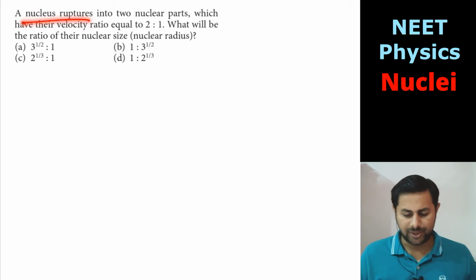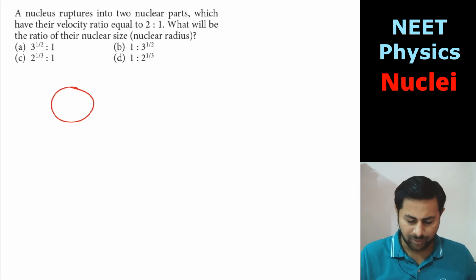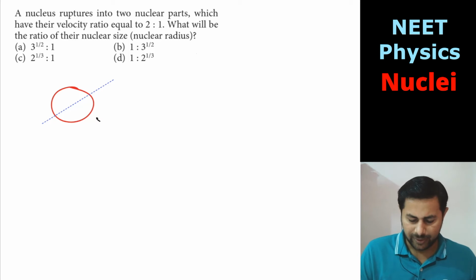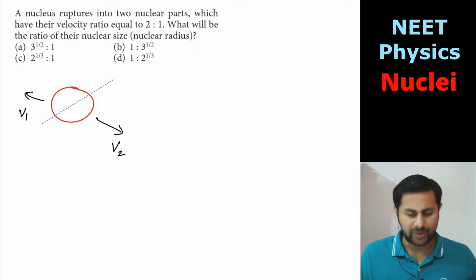A nucleus ruptures into two nuclear parts which have their velocity ratio equal to 2:1. So you have a nucleus, it breaks into two parts. One goes this way, the other goes the other way, and suppose the velocity of the first one is v1, the velocity of the second one is v2.